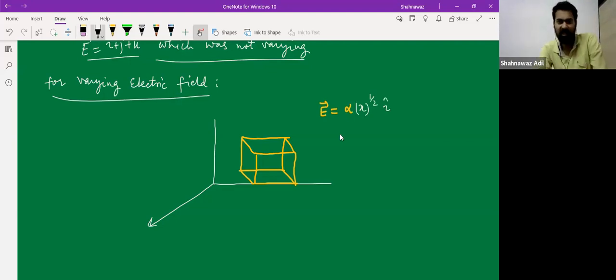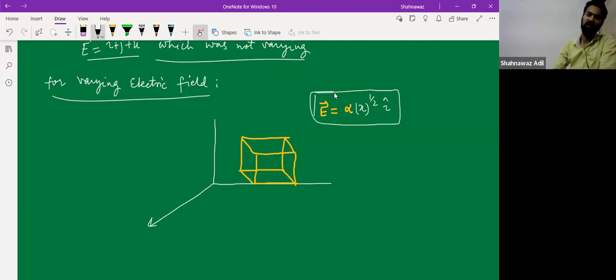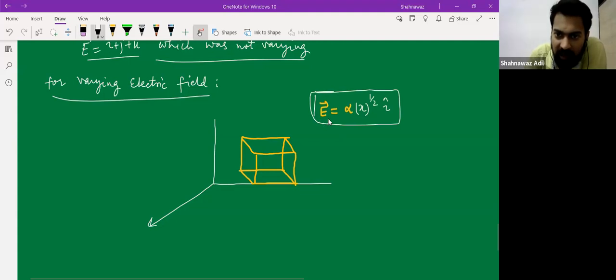So this is how the electric field is varying. Okay, understand this much. So by looking at this expression, can you tell me what is the variation of electric field in all the directions? So Ex is what, Ey is what, and Ez is what? Can you tell me by looking at this expression?